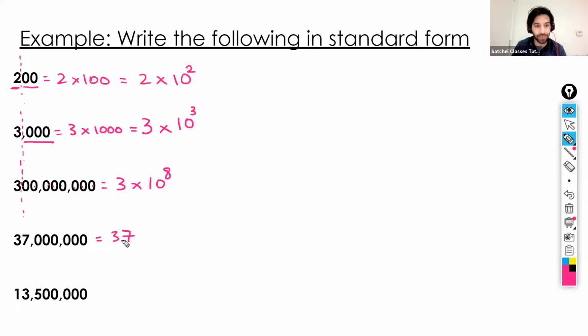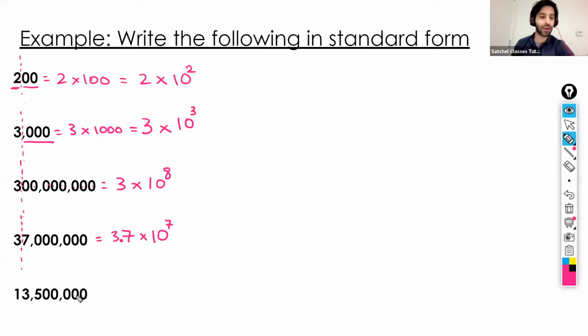So this would have to be 3.7 times 10 to the power of something. Well, again, I need to draw a line here after my first non-zero number, and then we have 1, 2, 3, 4, 5, 6, 7 numbers, so that's going to be 10 to the power of 7.